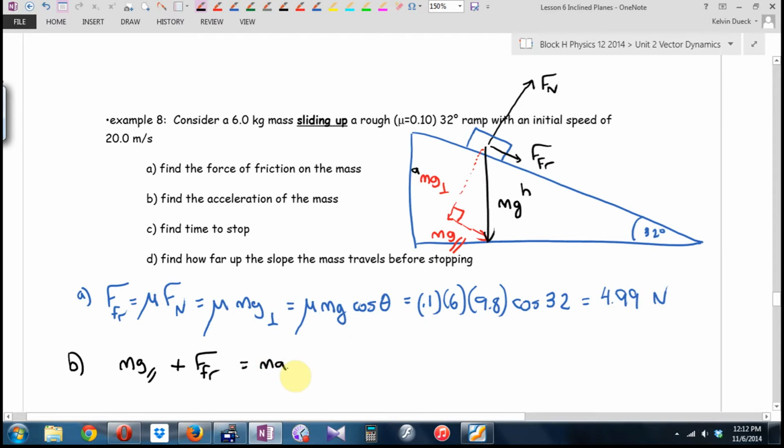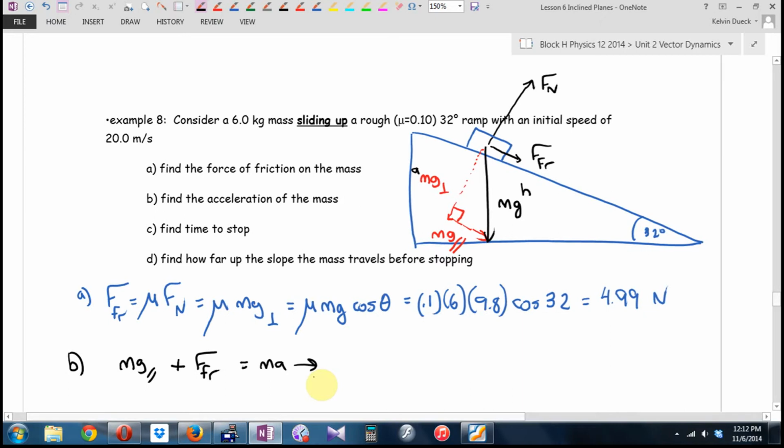Now, I know I just calculated friction to be 4.99, but I'm going to gamble. I'm going to do this algebraically, hoping that maybe the masses cancel again and I get the A by itself just by filling it out. So let's see, mg parallel. What was mg parallel? Trig function.